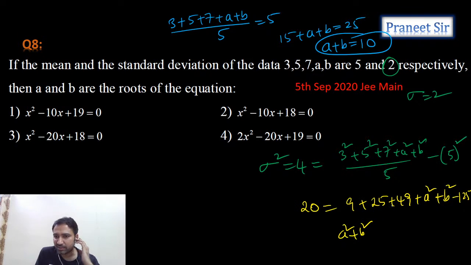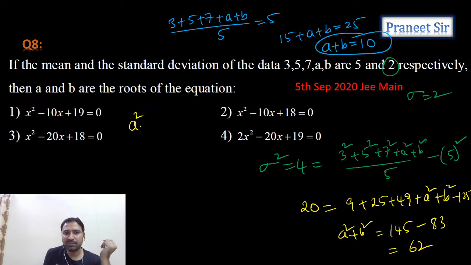When we add all this, 125 plus 20, 145, 145 minus... 58 plus 25, 78 plus 5, 83. So how much are we getting? Are we getting like 62? a square plus b square is 62.